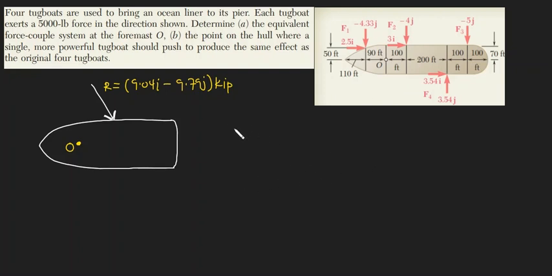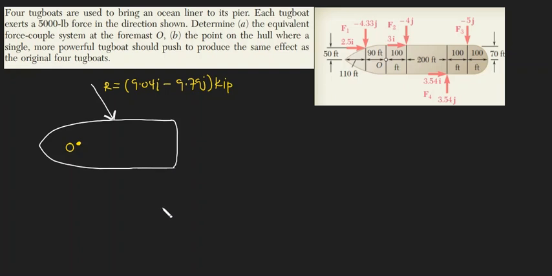We know that the force is going to be the same as the sum of the forces of the four tugboats. And since you want it to have the same effect on the hull, the rotational effect the single force will have on the hull must be equal to the rotational effect that all the four tugboats had on the hull.